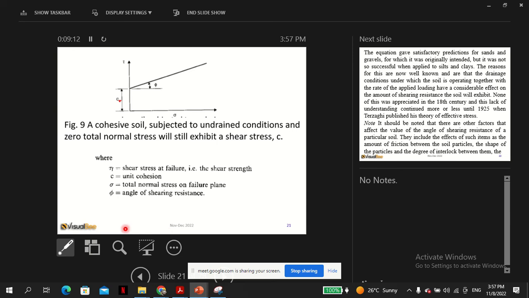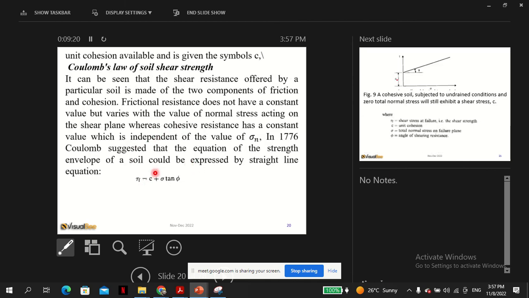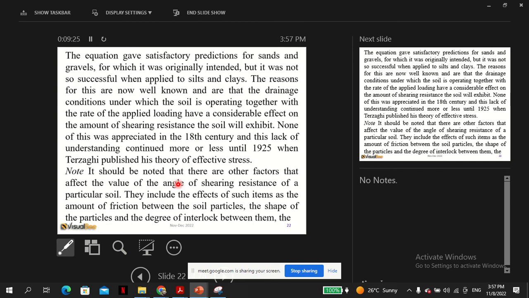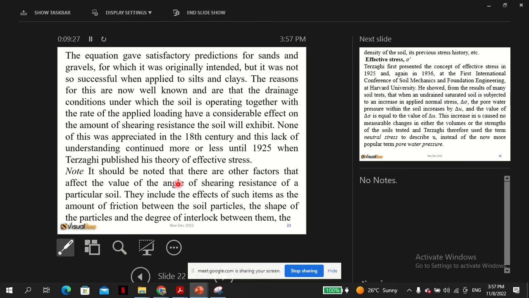It's the most basic. This is the entire summation in its most general form. But when C is 0, of course, it just becomes tau equals sigma tan phi. That's the basic thing you need to know.